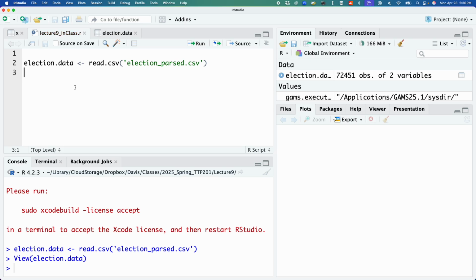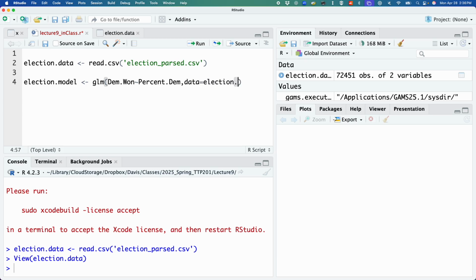So let's take a look at this. We're going to run a new function called GLM, which is a generalized linear model. We want to look at the outcome, which is whether or not a Democrat won, regressed on the percentage of registered Democrats in that area.